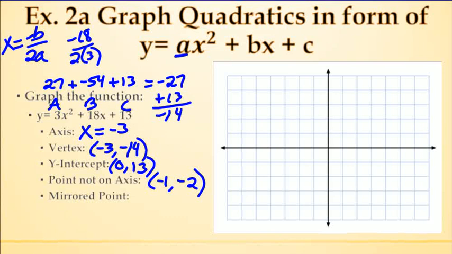And then we need to mirror it. So if I went 2 steps to the right of negative 3, 2 steps to the left of negative 3 would be negative 5. It would still be at negative 2. Now we can graph our points. So my axis of symmetry is at negative 3.